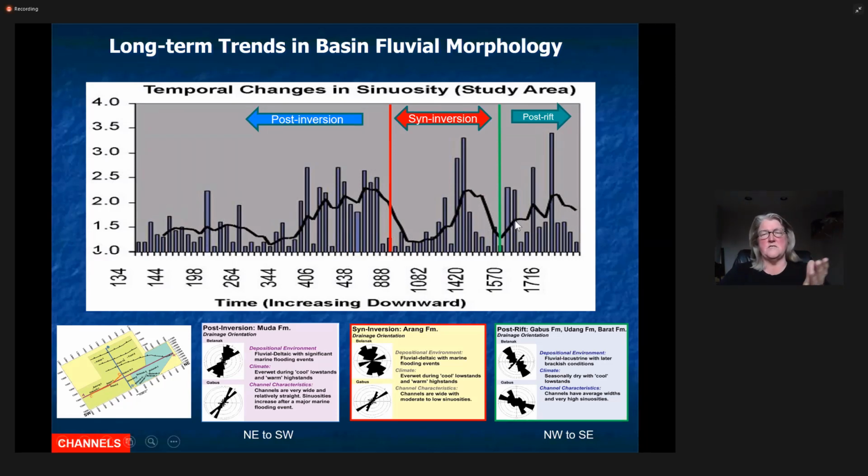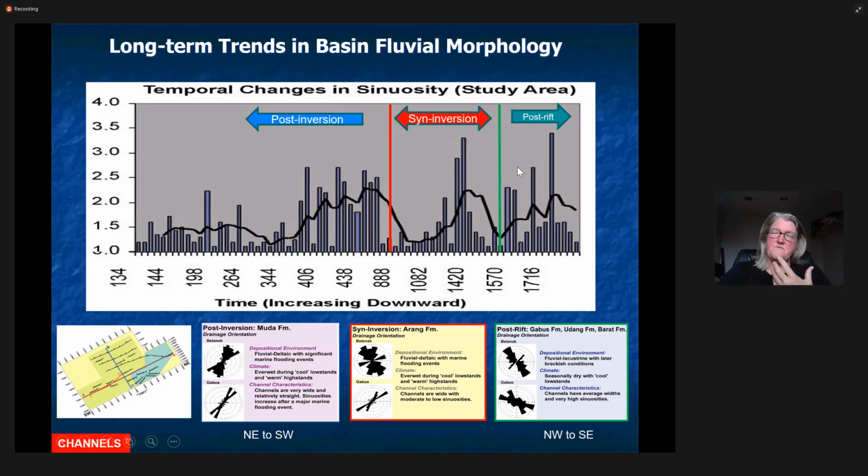If you look across the study area, you can see this is a running average of sinuosity. You have these cycles of sinuosity, high sinuosity and low sinuosity, going back to high sinuosity periods in the basin, then low sinuosity, and finally getting a little bit more sinuous towards the very young section up here. These cycles seem to have a relationship to the tectonics of the basin.